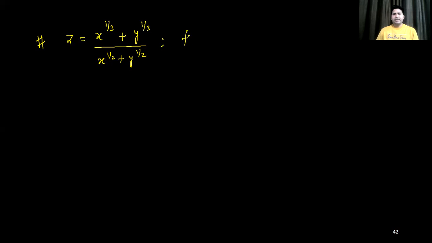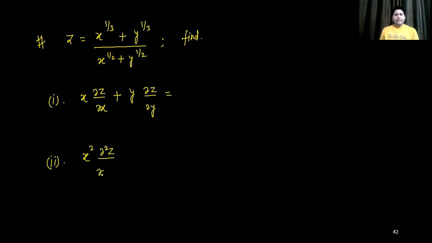They are asking to find the value, the first one, x into del z over del x plus y into del z over del y. Also, they are asking the second one, which is x square into del 2z over del x square plus 2xy into del 2z over del x del y plus y square into del 2z over del y square.